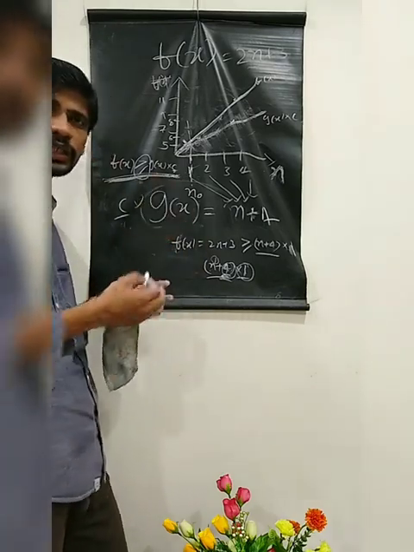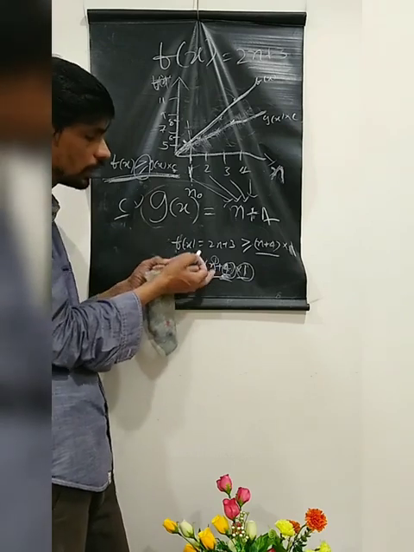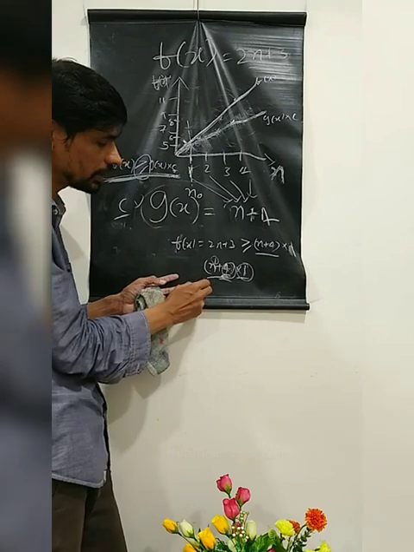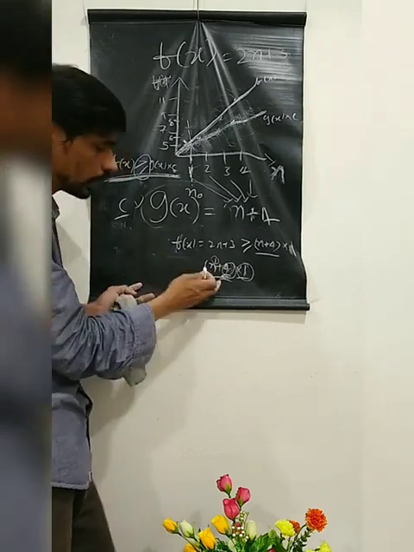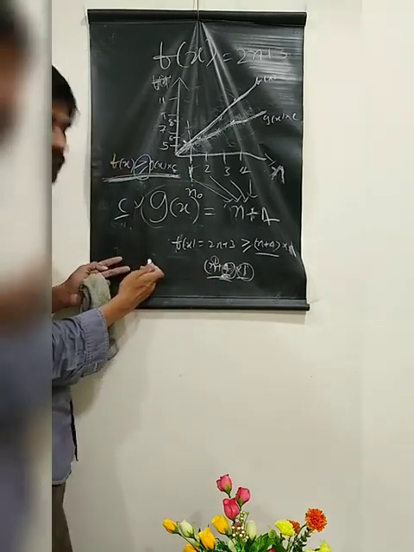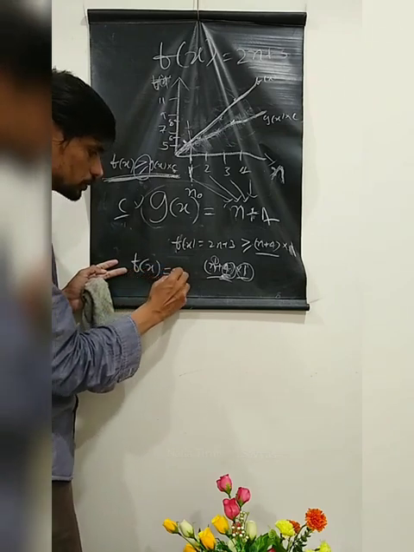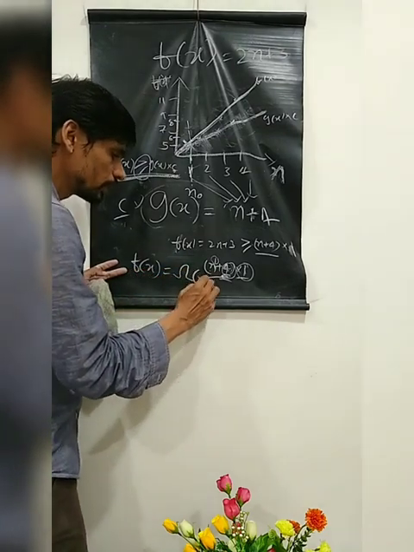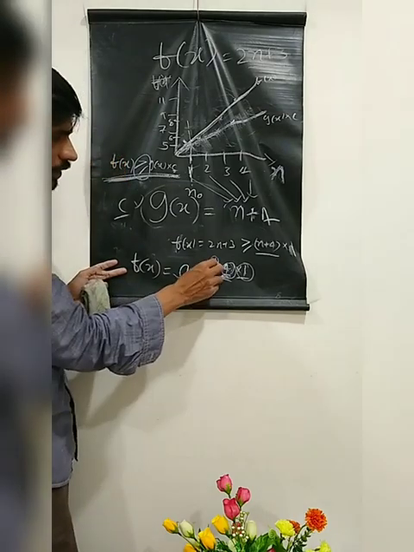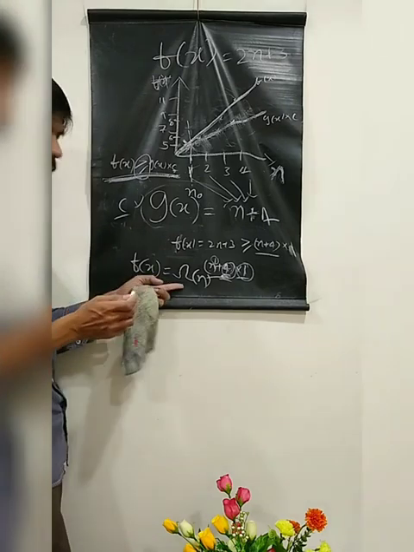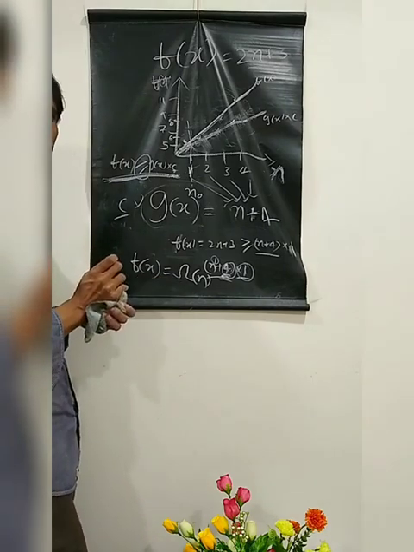Only our concern is what is the highest degree of my n. So in this case, what is my highest degree? N power 1. So this can be translated as, for this f of x equals big omega of n. Because my degree is 1, I can represent this as big omega of n. Right?